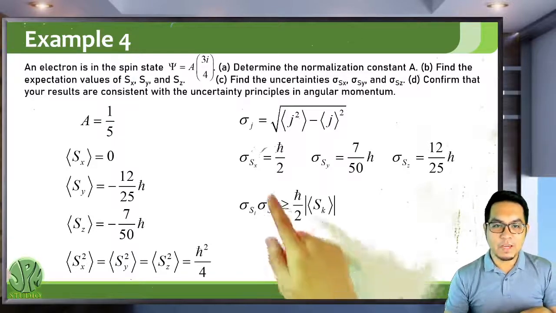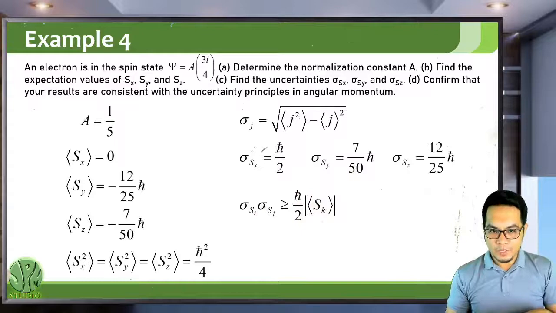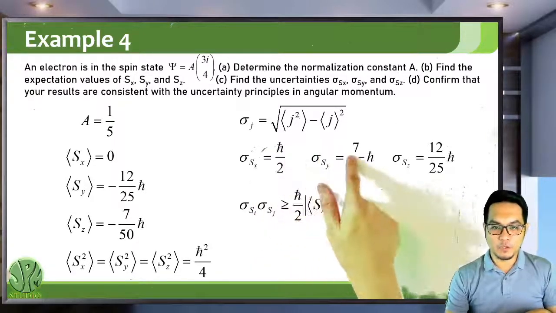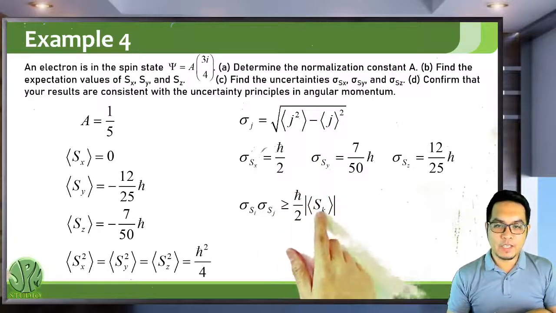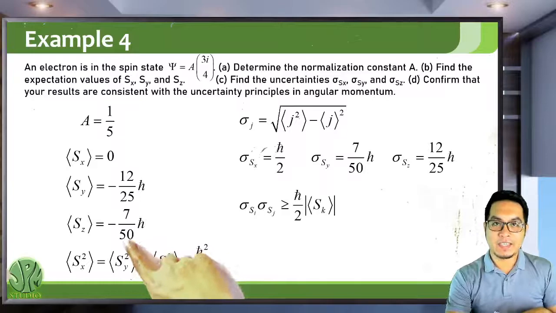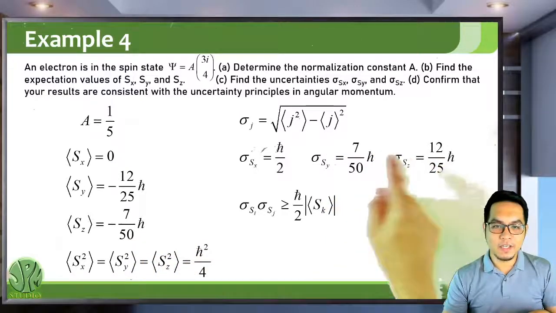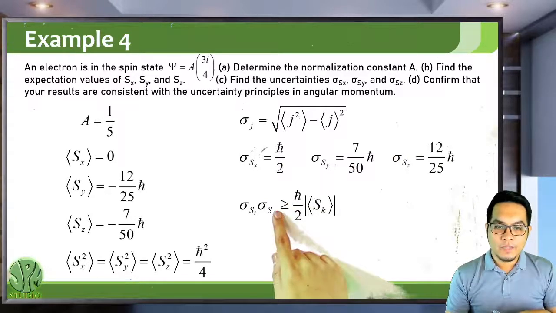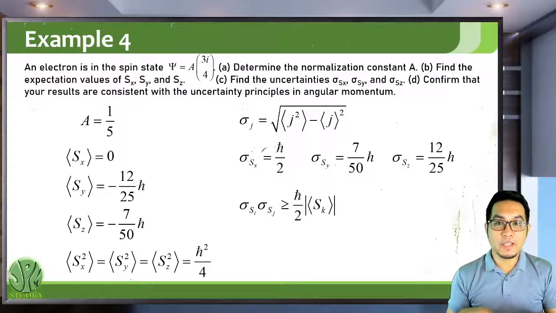So you just multiply sigma Sx and sigma Sy, and you need to show that their product is greater than or equal to h bar over 2 times the absolute value of the expectation value of Sz. And then for Sy and Sz, and Sz and Sx, you also do the same. This greater than or equal to requirement should not be violated according to the uncertainty principle.